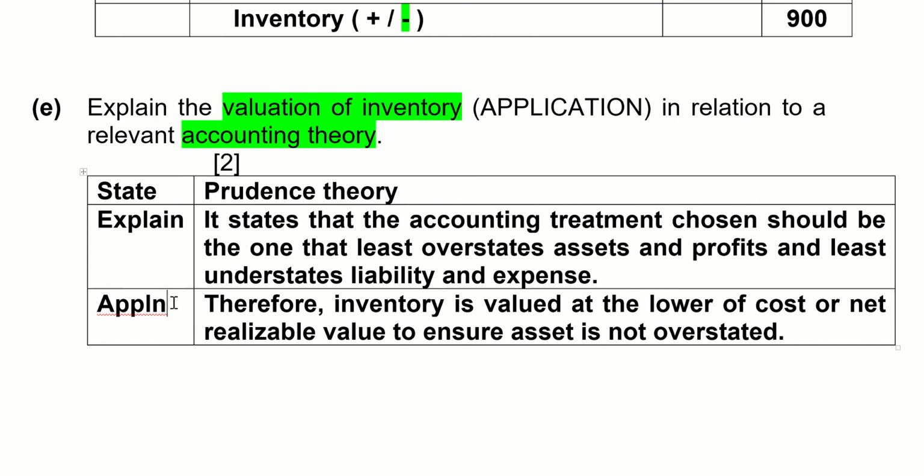All right, so you state your accounting theory is prudence theory. You explain you should not overstate assets and profits, and you should not understate liability and expenses.